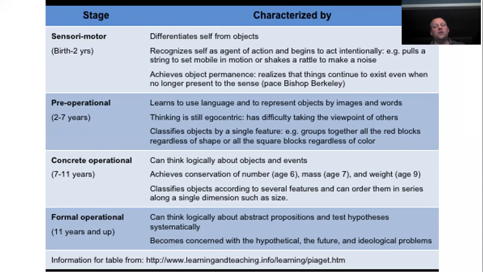That is the law of conservation, which generally starts to get mastered towards the end of the stage. They also lack reversibility, so they can't do reverse operations. So 4 + 2 looks different than 2 + 4, for example, although we know you can flip those around.